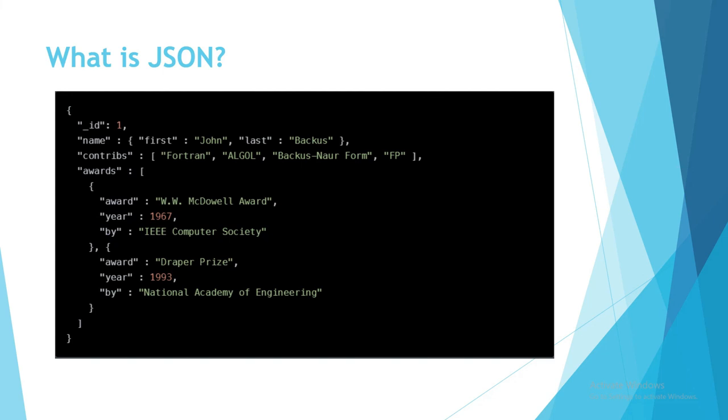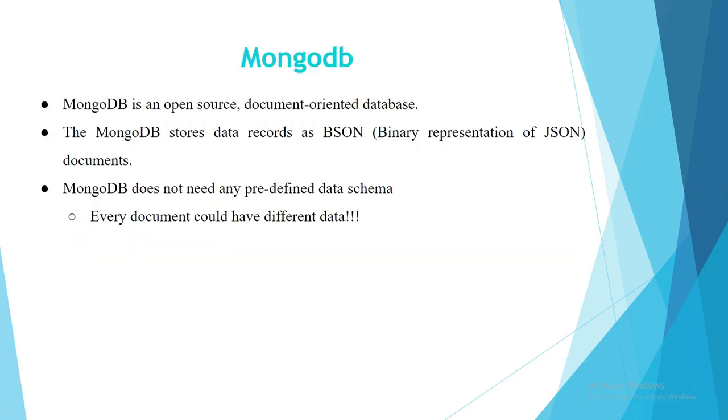Similarly, if multiple developers are trying to communicate, they require a common language. That language is JSON, or it can be XML. In XML, the data is available in the form of user-defined tags, whereas in JSON, the data is available in the form of key value pairs represented in curly braces. In MongoDB, they have extended that JSON into a binary representation. That is what they call BSON format.